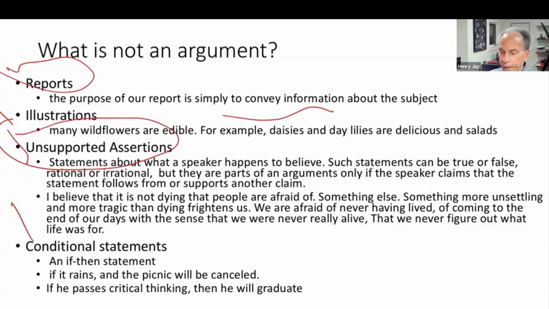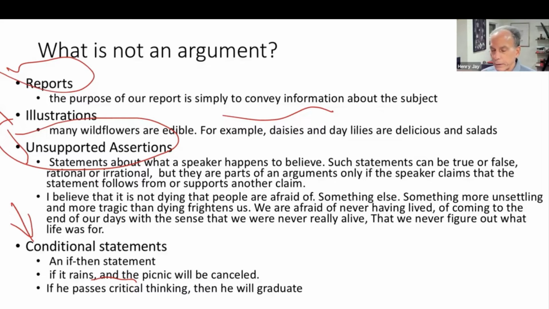And then we have conditional statements such as if X, then Y. It's not an argument, it's just a conditional statement. So for example, if it rains, then the picnic is canceled. If he passes critical thinking, then he will graduate.